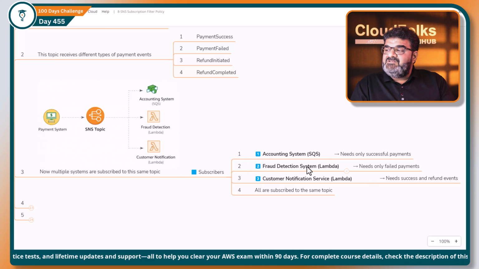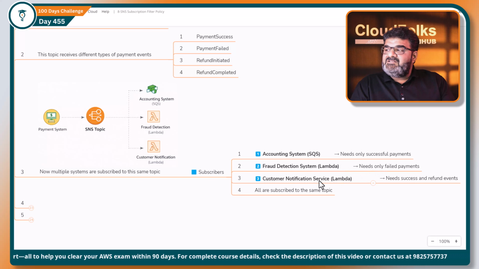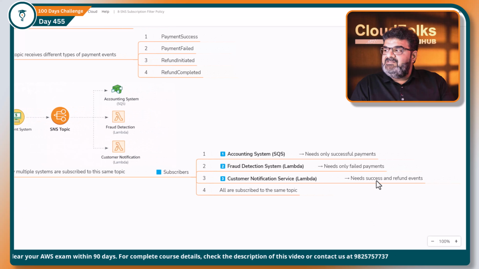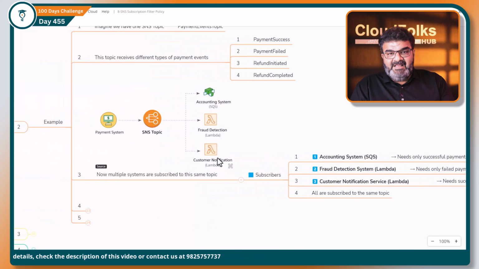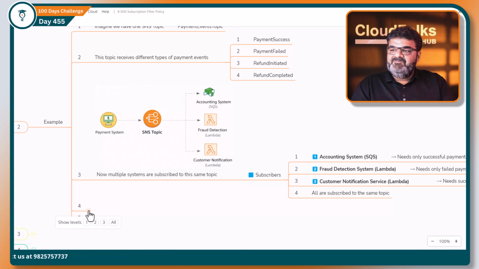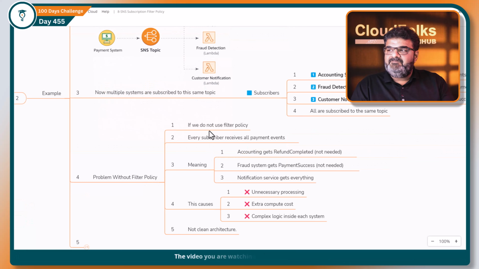The fraud detection system's requirement is failed payments, and the customer notification service's requirement is success and refund, right? Now all are subscribed to the same topic, but the requirement is to get specific messages.